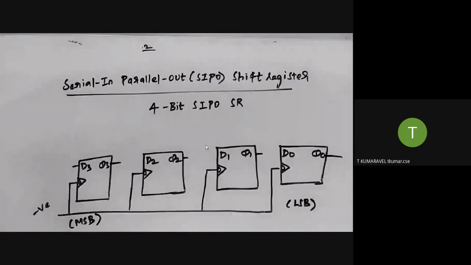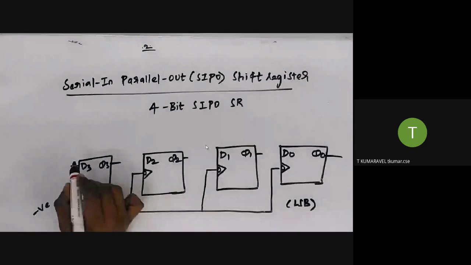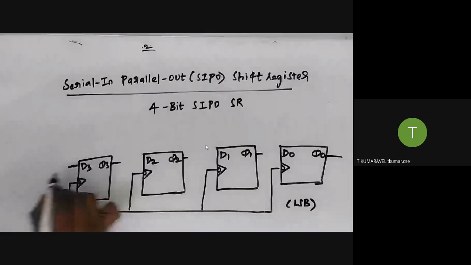Here, what is the concept? All the flip-flops accept the data in serial order, and then produce the output in parallel order. We accept the data in serial order and shift the data one by one.